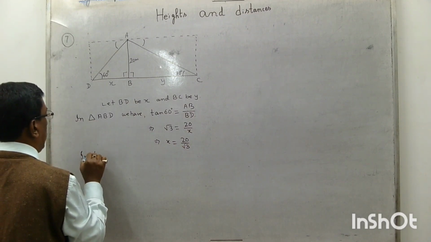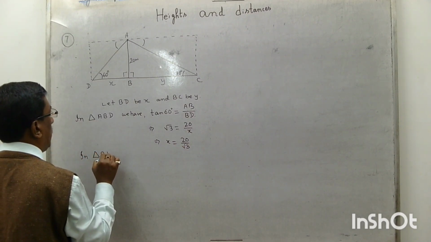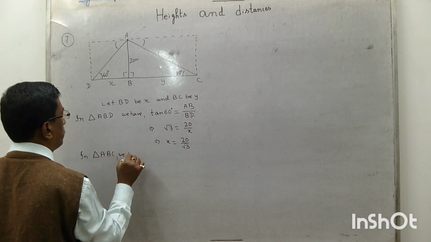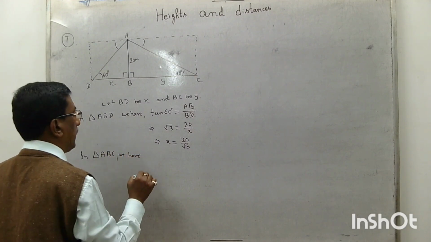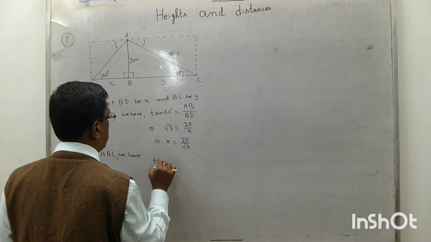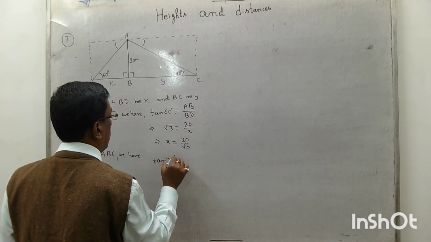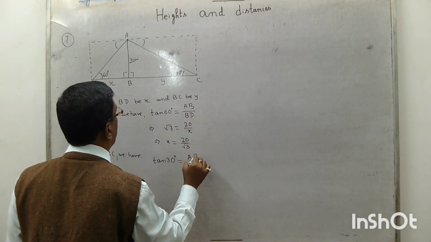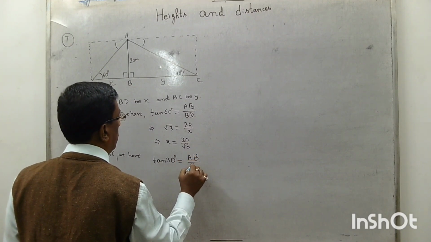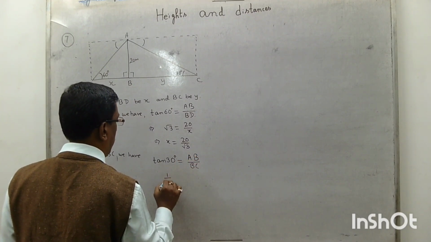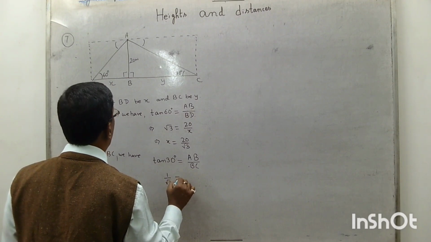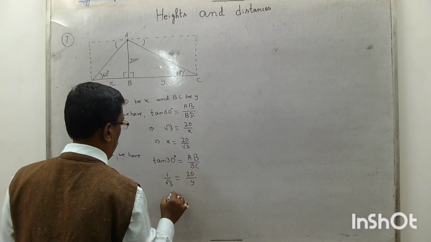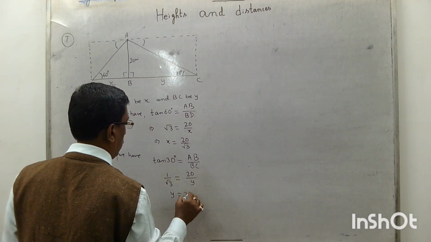In right angle triangle ABC, we have tan 30 equal to AB by BC. 1 by root 3 equal to 20 by y. So y equals to 20 root 3.